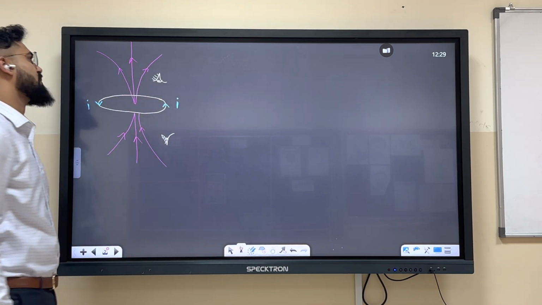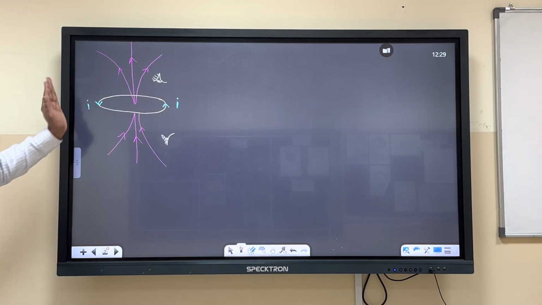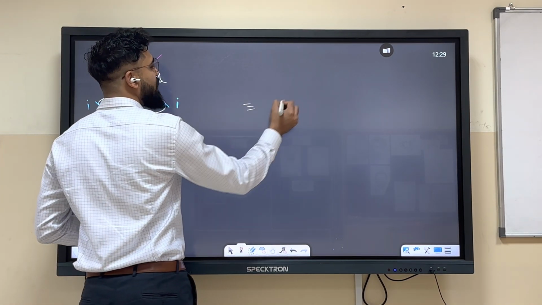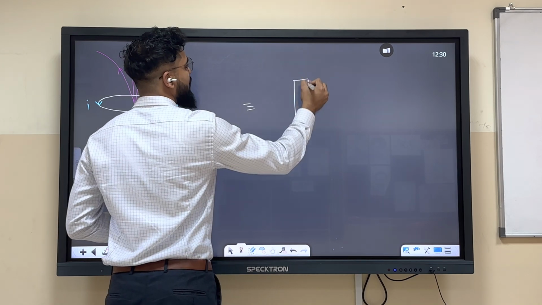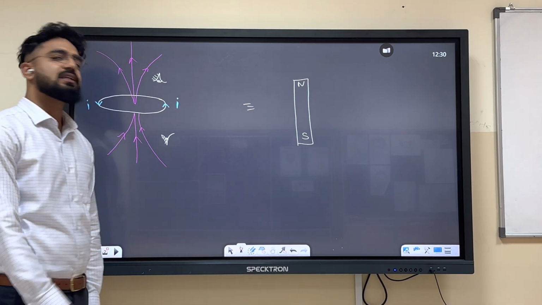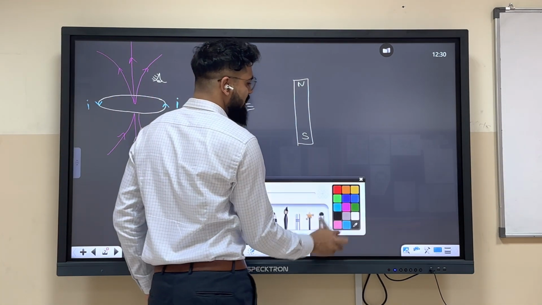So basically this whole loop is acting as a bar magnet. This face is the north pole, this face is the south pole.